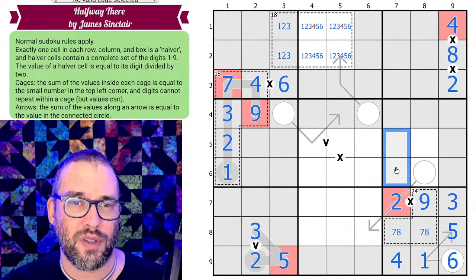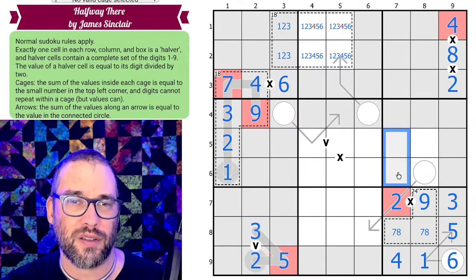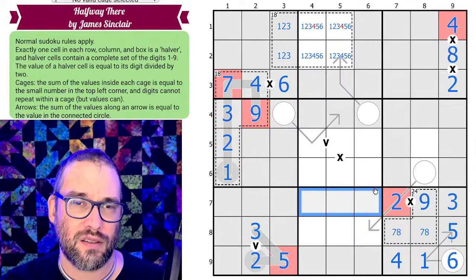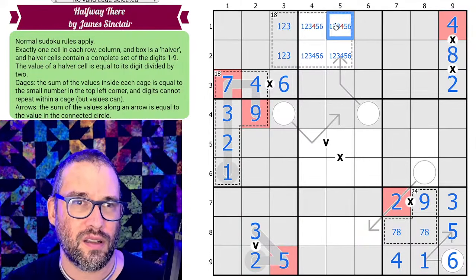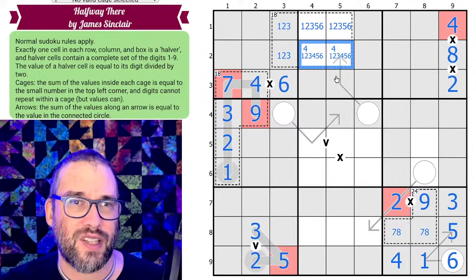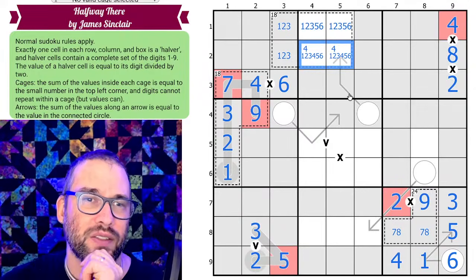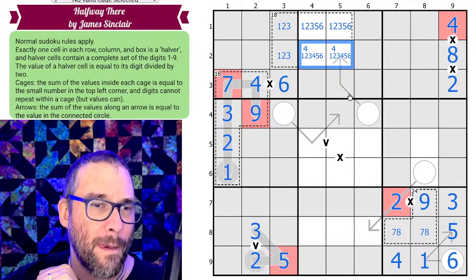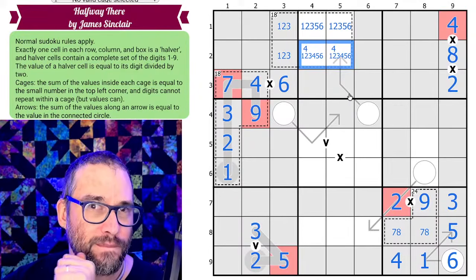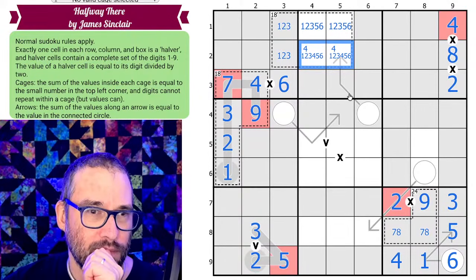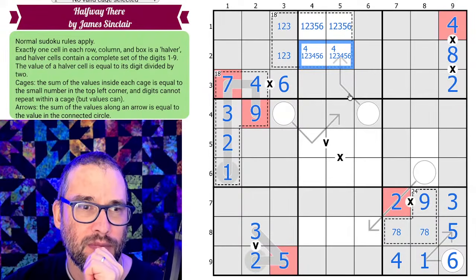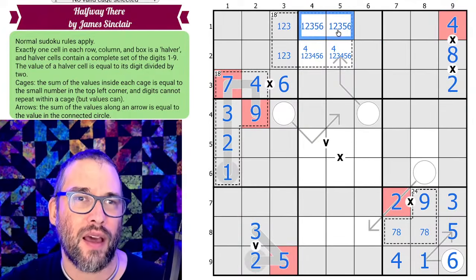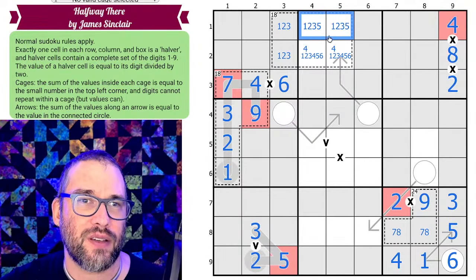Okay, so we can rule out halvers there and here. Let's see, no 4 in these cells. So there's definitely a 4 in these cells. And the half digit here is 6, so these aren't a 6.